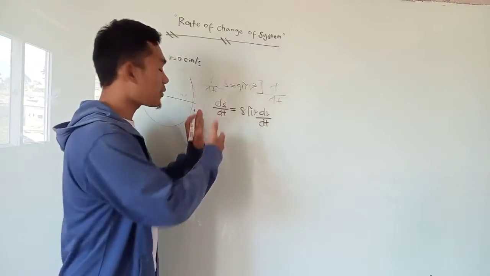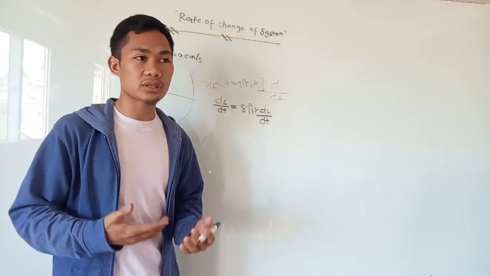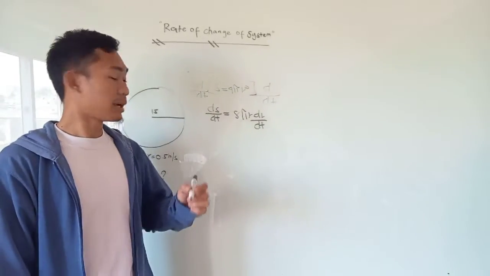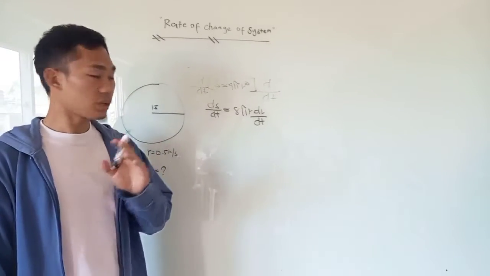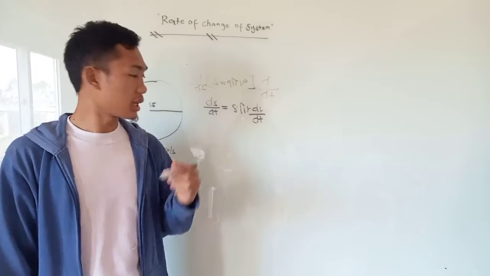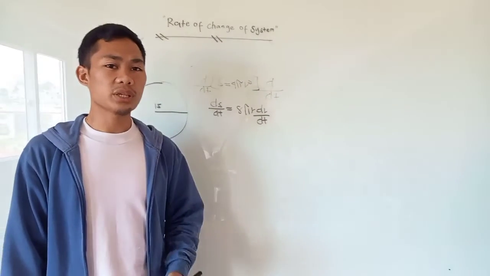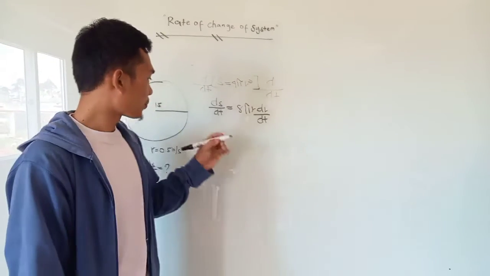But we have to find the change of surface area of the balloon with respect to time. So by continuing solving this problem, take note that we have the value for dr over dt, and we also have the value for r, which is the radius of the sphere.